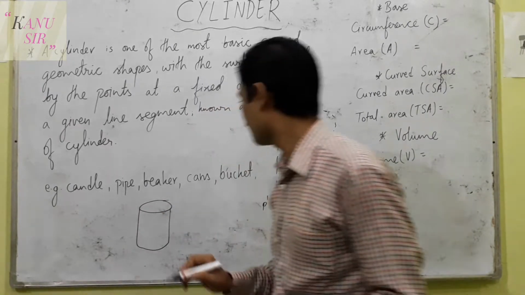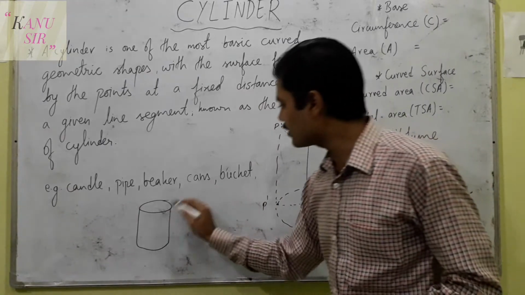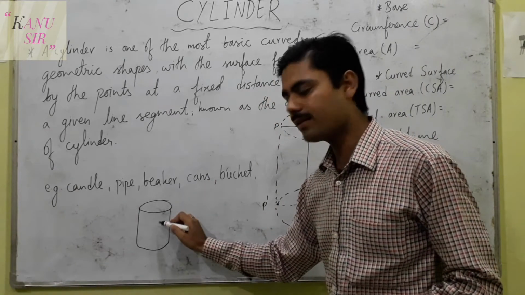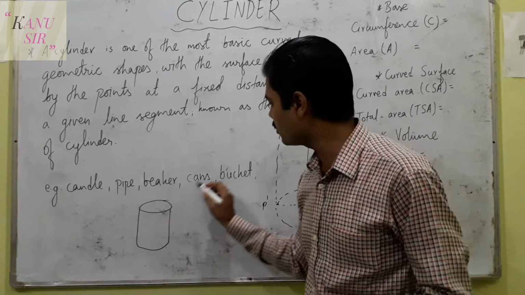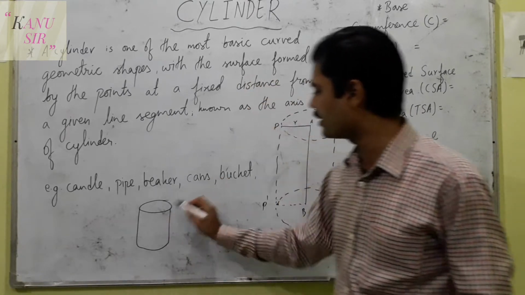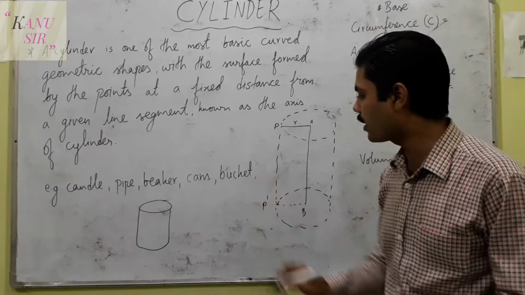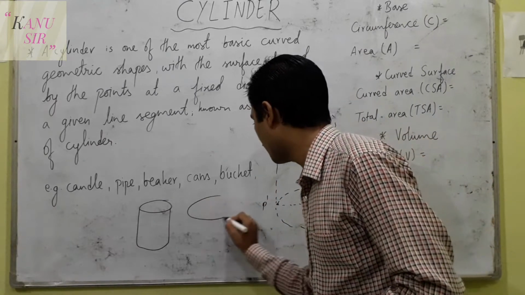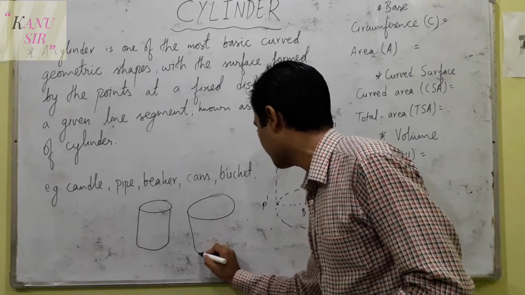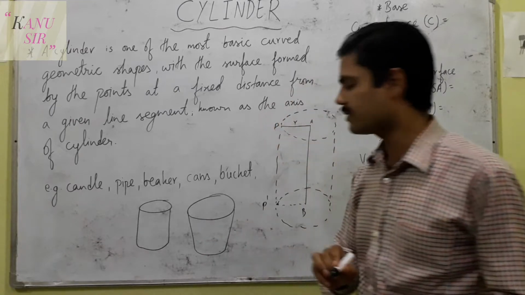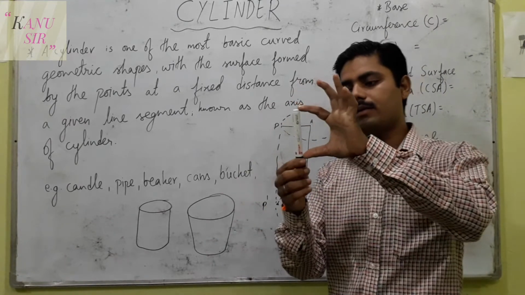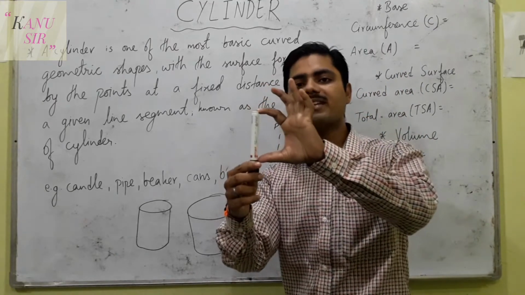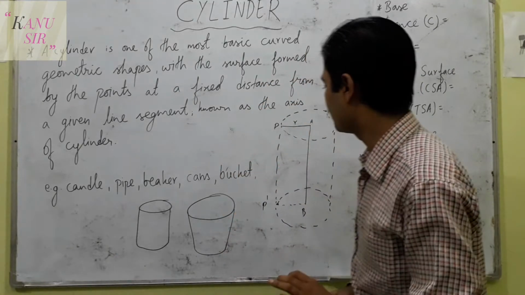Cans, like energy drink cans, are also in the shape of a cylinder. A bucket also looks almost like a cylinder. Even this marker, you can see, also looks like a cylinder.